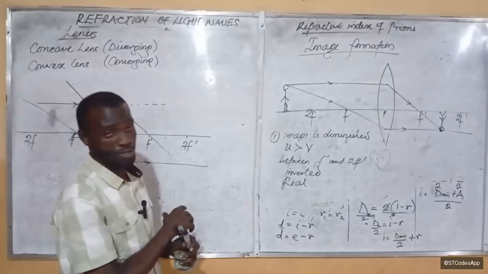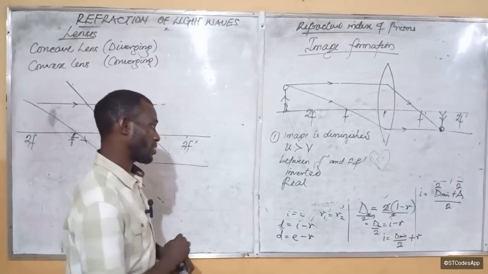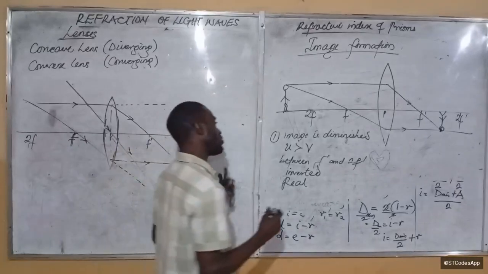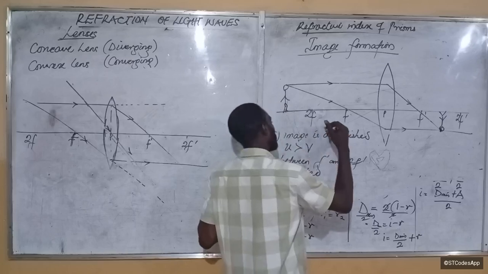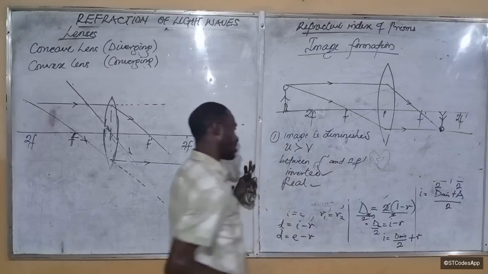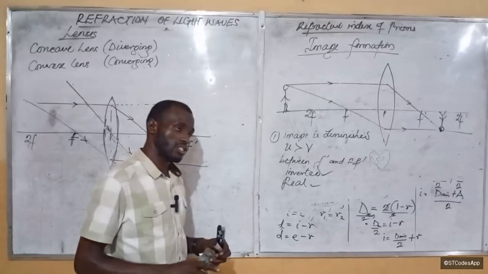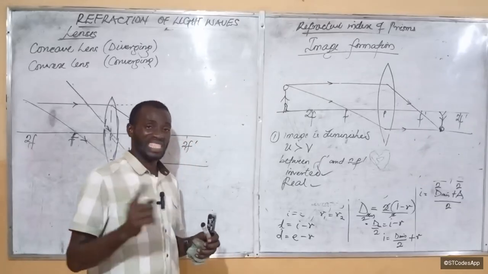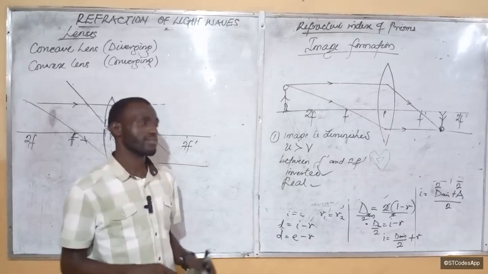Provided you draw it according to the rules I give you, you get correct answers. But I've told you yesterday, the most important characteristics of this image are these: diminished, the size, the position, and whether it is real or virtual. If it is erect, it will be virtual. So we have virtual and erect, then we have real and inverted. Does that make sense? Good.